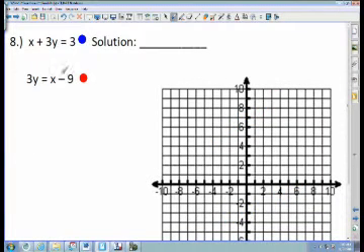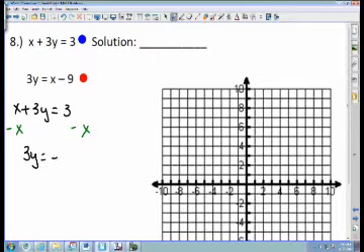Okay. Can I graph these the way they are right now? Nope. I've got to solve for y. So the first thing I'm going to do on the first one is subtract x from each side. I get 3y equals -x plus 3. I'm going to divide by 3.